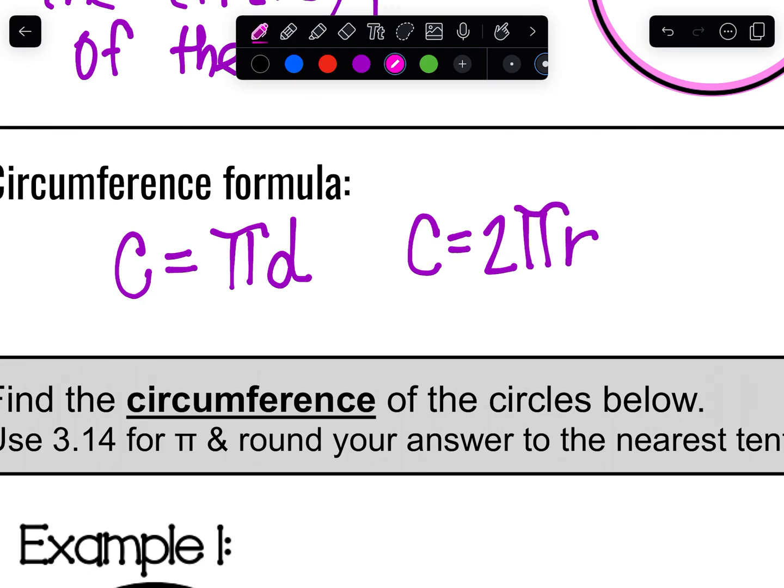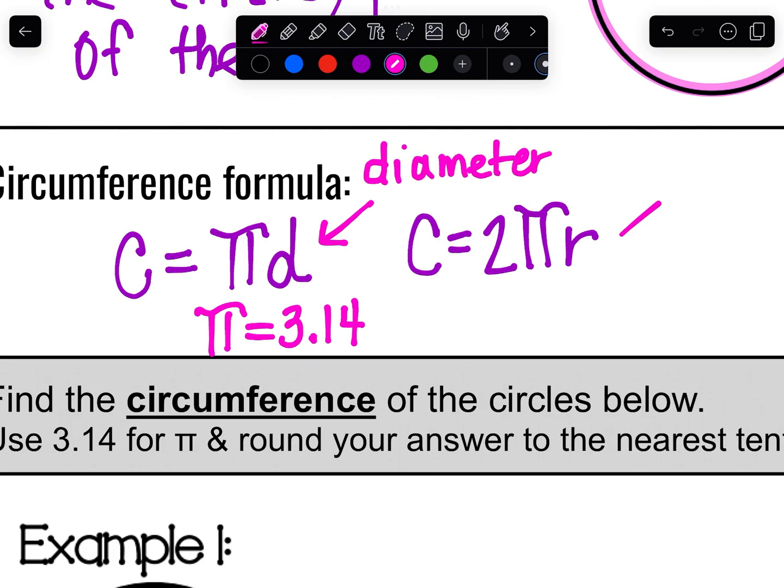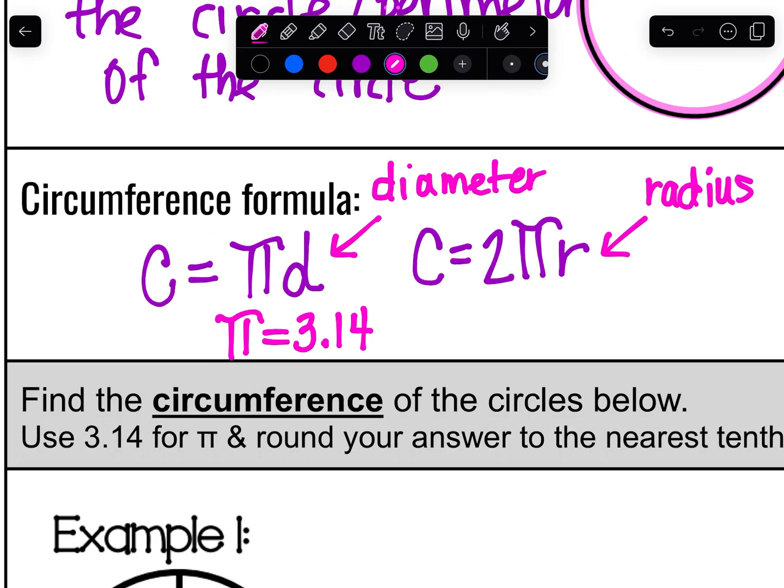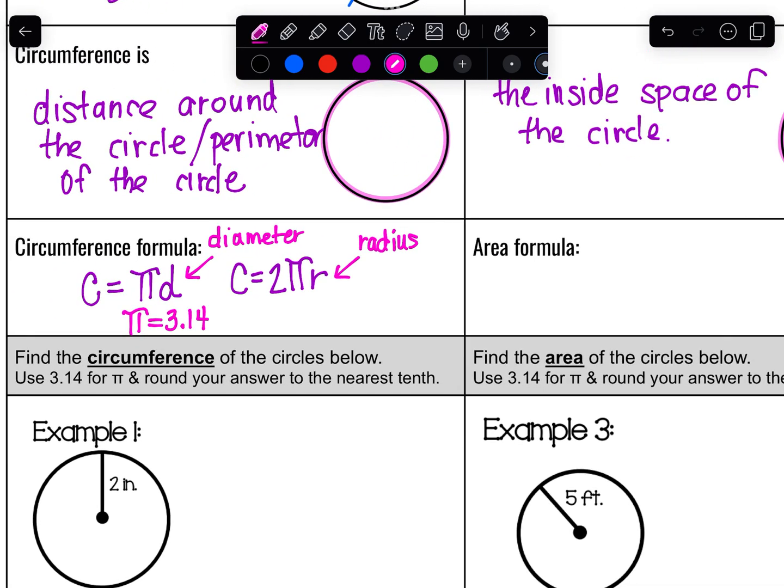In both of these cases, for pi we are going to use 3.14. You may see a pi button on your calculator, but I want you to go ahead and type in 3.14 when you're calculating. The D stands for diameter, and the R stands for radius, so you have to be really careful and look at those when you are calculating.